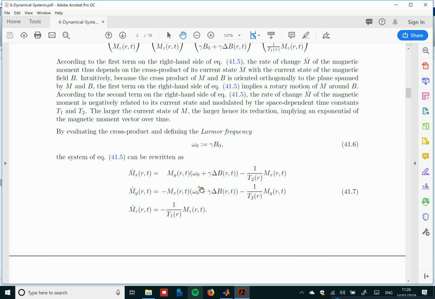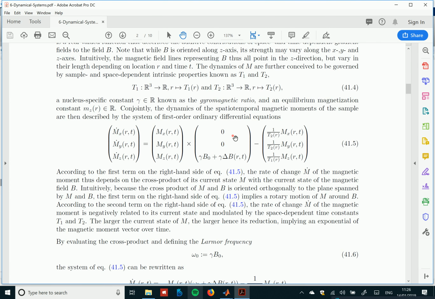Remember that this delta B function is part of the magnetic field, so the magnetic field has only a component in the z direction. It has the strong B0 field, and it has a space and time varying component.